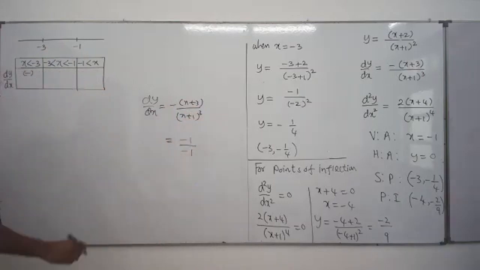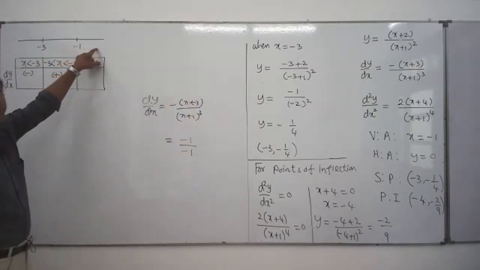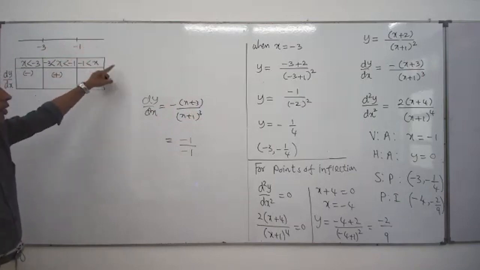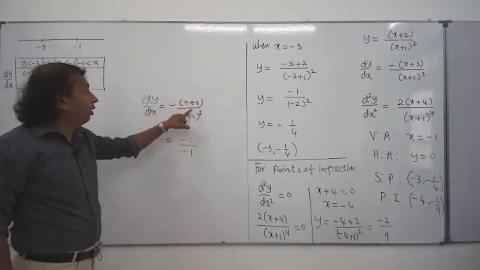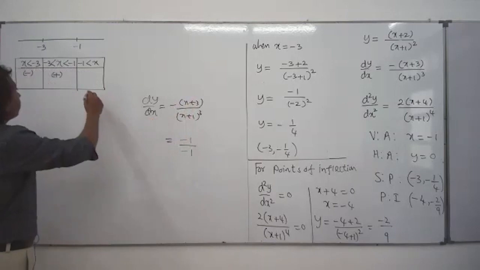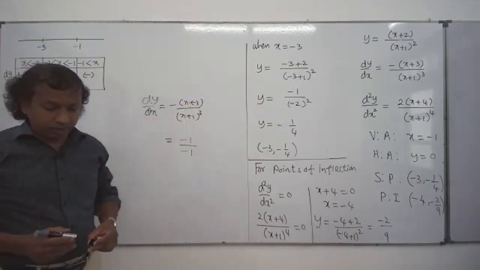Minus divided by minus gives plus. This is plus. Now x greater than -1. Take a value in this interval, 0. Put that here: numerator is -3 plus 3 with the minus sign, and the denominator is 1, so we get minus. We get the signs like this.